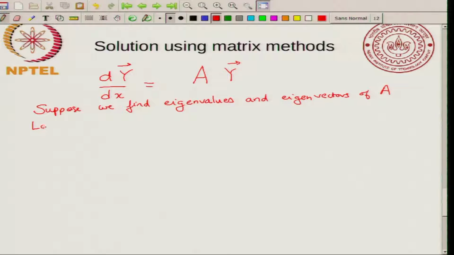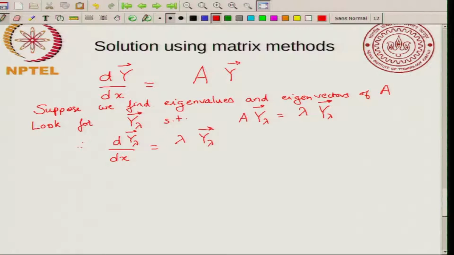We look for y lambda, these eigenvectors, such that A times y lambda is equal to lambda times y lambda. Okay. So, you are looking for vectors such that this is satisfied. Okay. Now, for these vectors, so therefore, we can immediately write d y lambda divided by dx is nothing but lambda times y lambda.